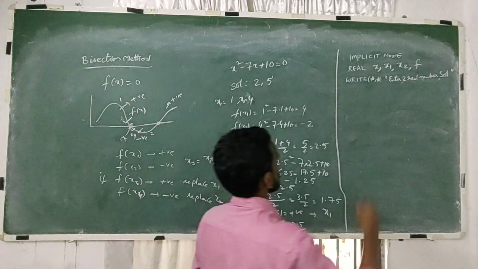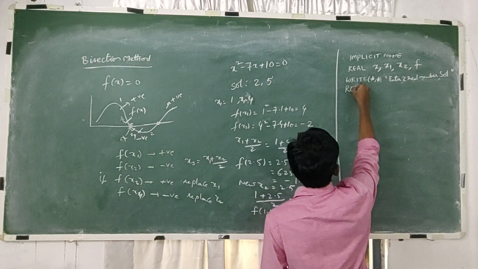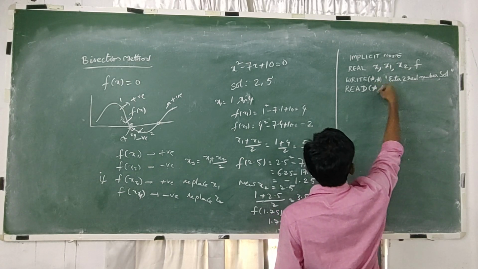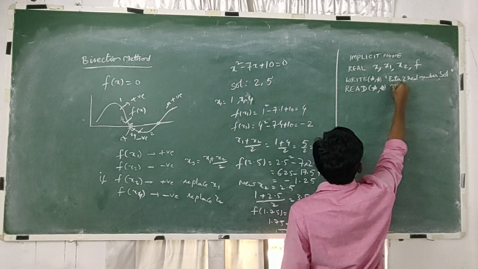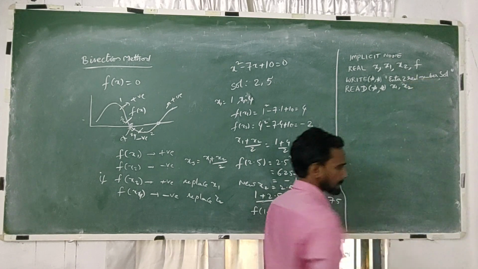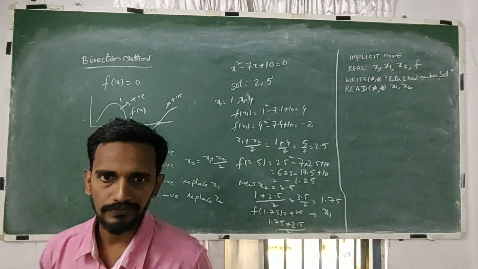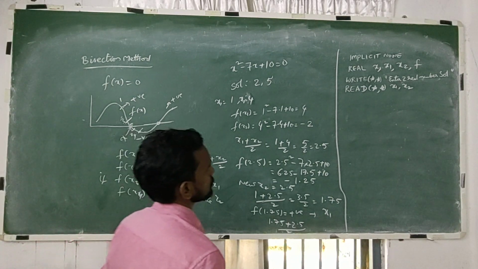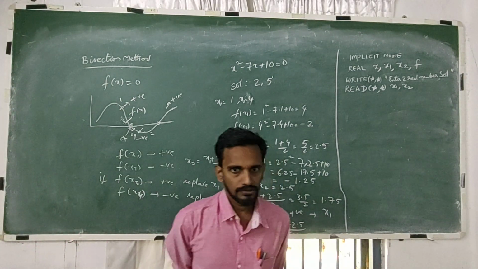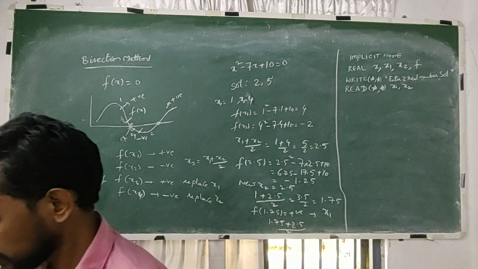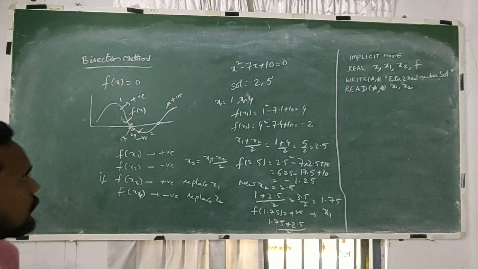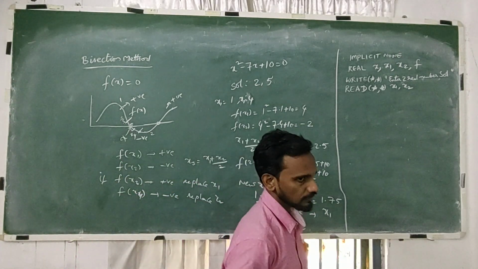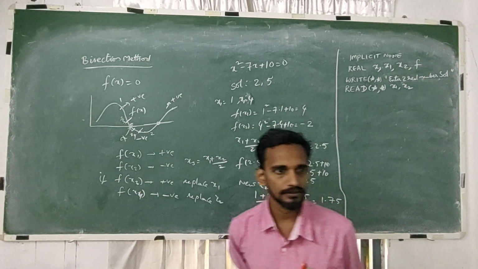I'm asking to enter two real numbers. Then we need to check whether the function changes sign or not. Then how do we identify that?